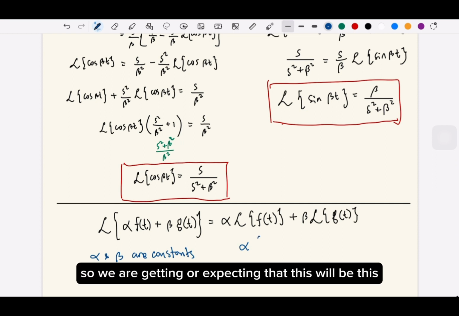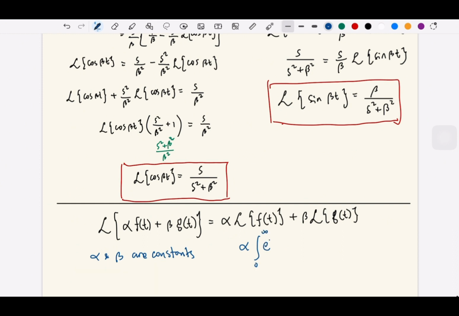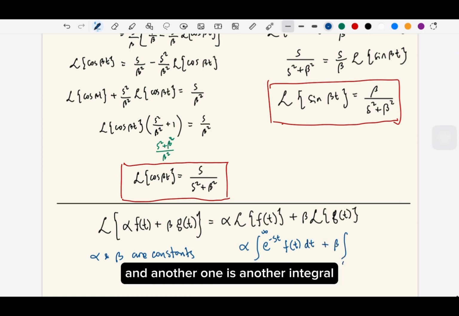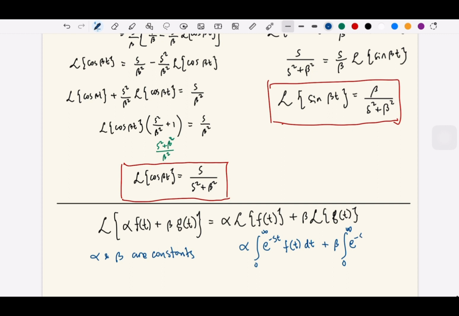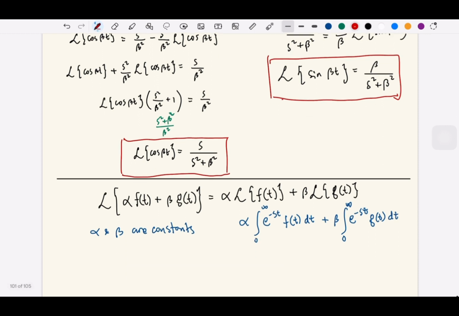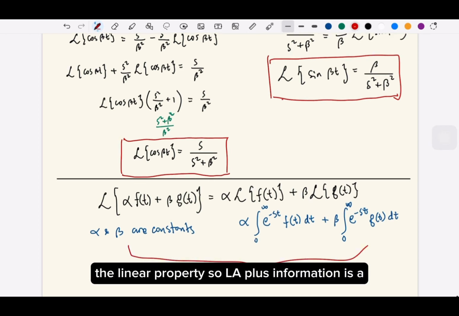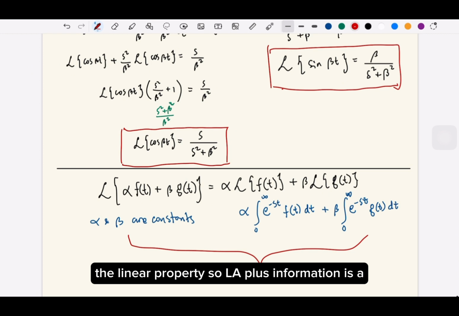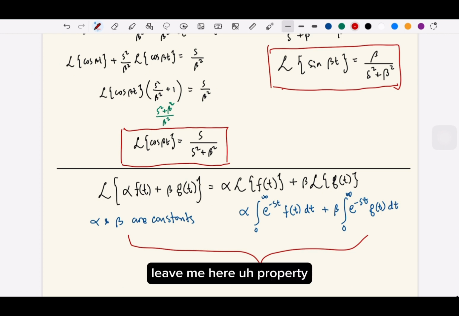So we are expecting that this will be this, and another one is another integral. This is what we call the linear property. So Laplace transformation has the linear property.